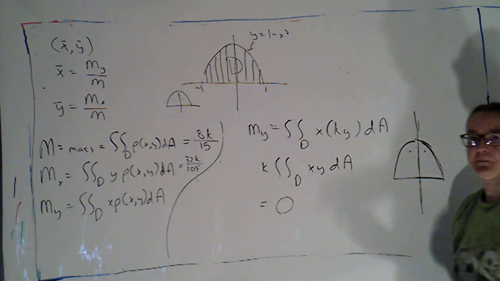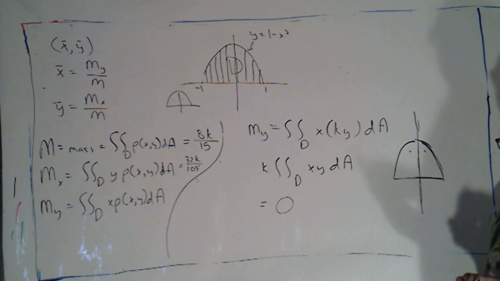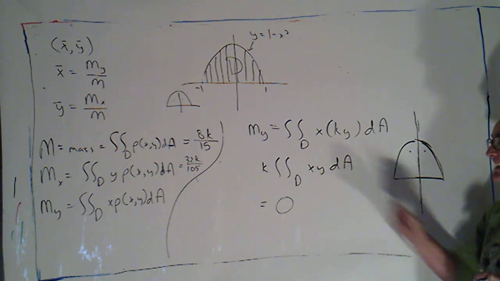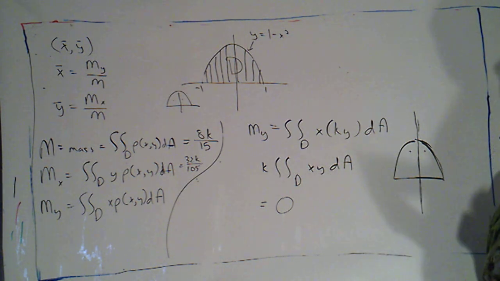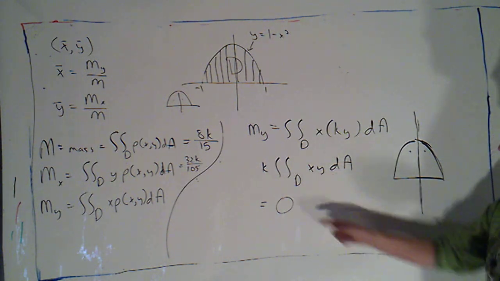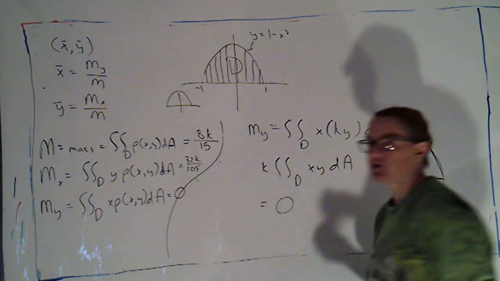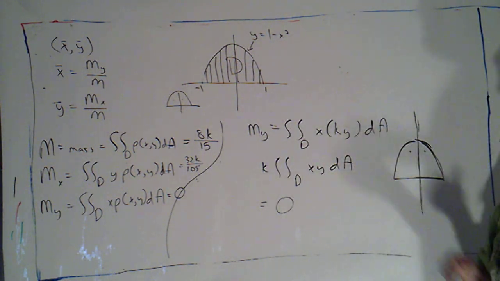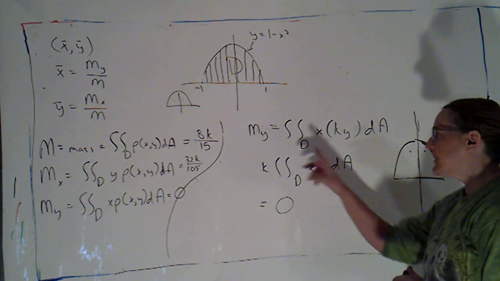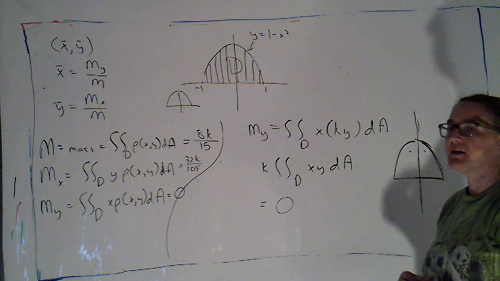This is 0, just by the symmetry of that. So I didn't have to integrate in order to get that. Now I could have worked out the integral, it would have worked out to 0, but that's a really, really nice shortcut. So when you're finding centers of mass, that's one place where very often symmetry can help you.